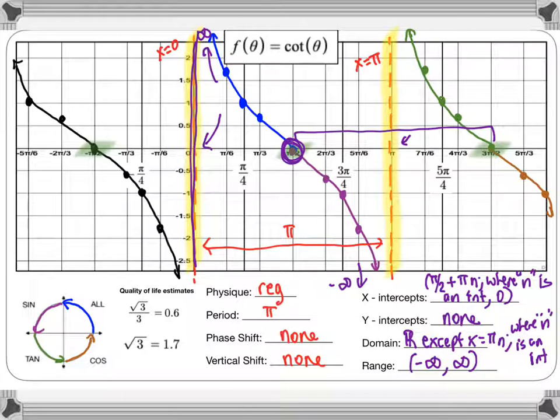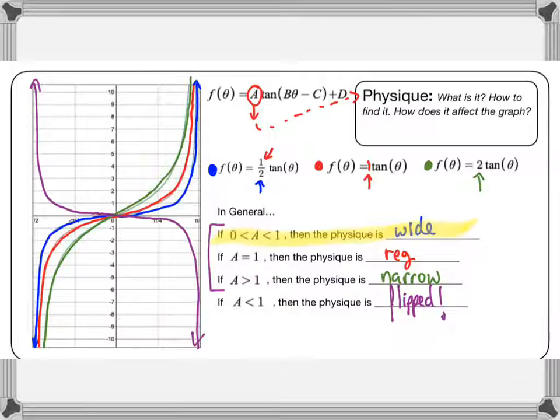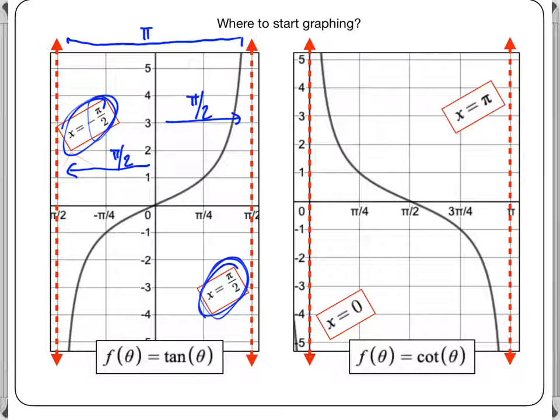All right. Before we start graphing, I want you to home in on this piece right here, because this is where we're going to start our graphs, from 0 to pi. And as we can see in this slide, this is where we're going to start. We can start at 0 and just move the period on over.